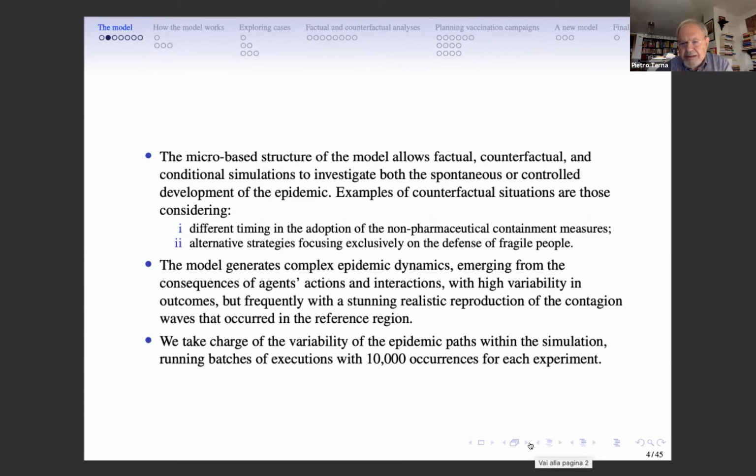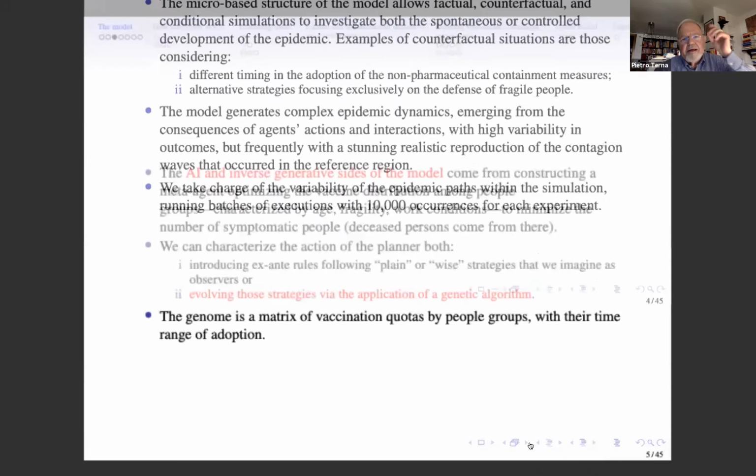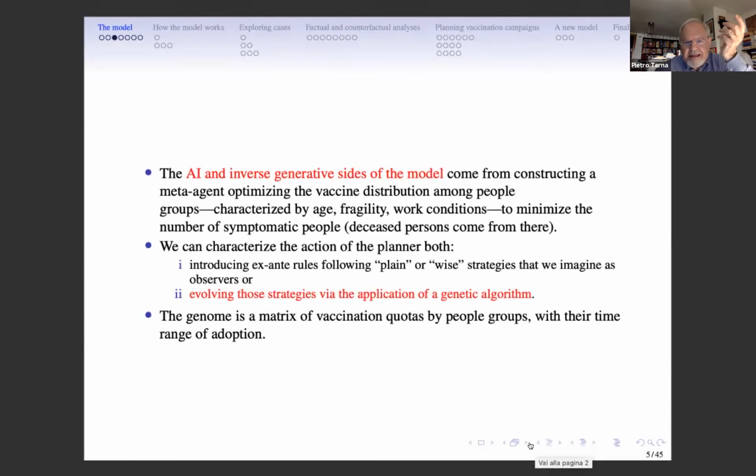So we have to repeat the experiments in batches of 10,000 repetitions of each simulation to have a realistic distribution of results. The AI and the inverse generative sides of the model come from the final attempt of constructing a meta-agent with the role of optimizing the distribution of the vaccinations. And we have two ways of feeding this meta-agent.